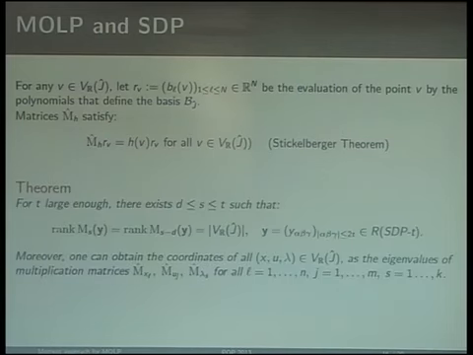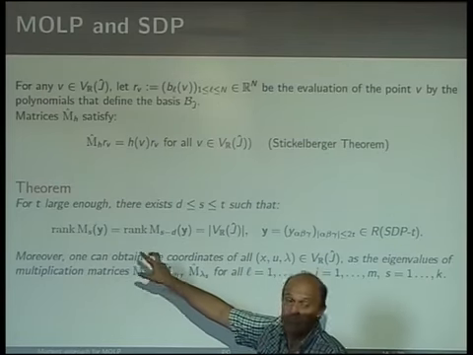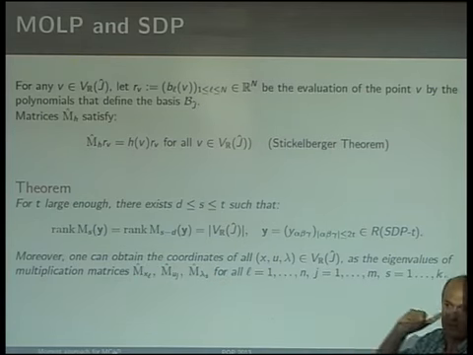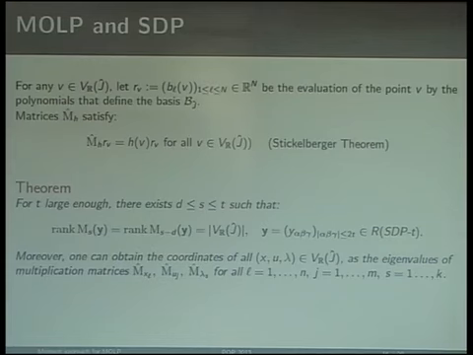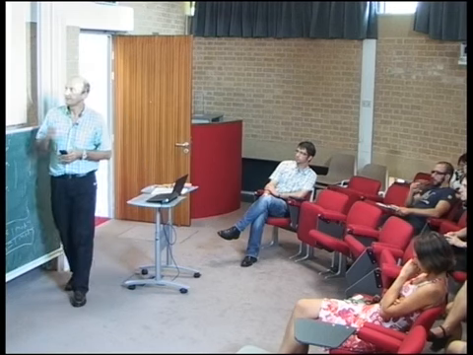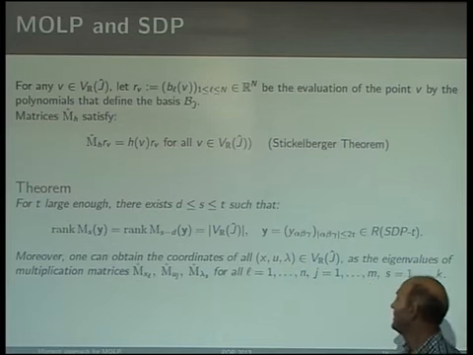And then, if you have t large enough, then for s large enough this condition is fulfilled. Whenever this condition is fulfilled, then the kernel of the moment matrix in this y will be the real radical ideal of J hat, and you will be able to obtain all the elements in the vanishing variety of J hat as eigenvalues of multiplication matrices.